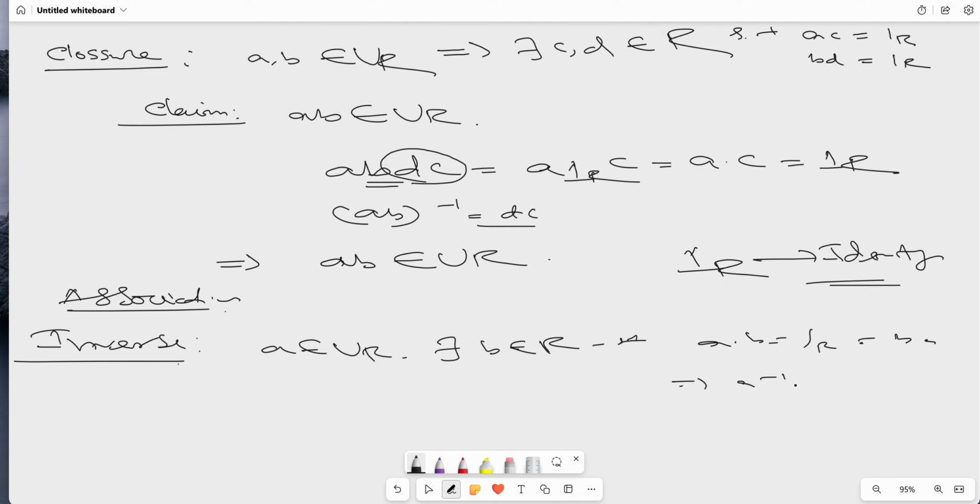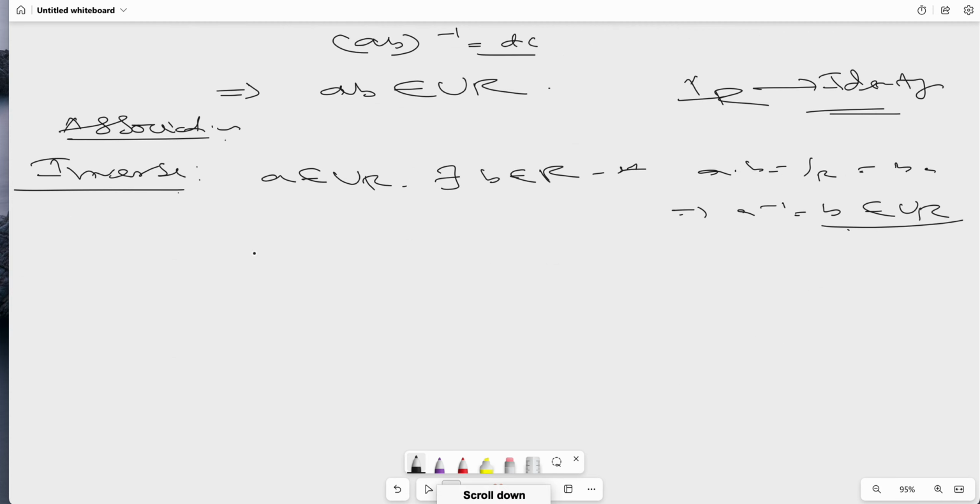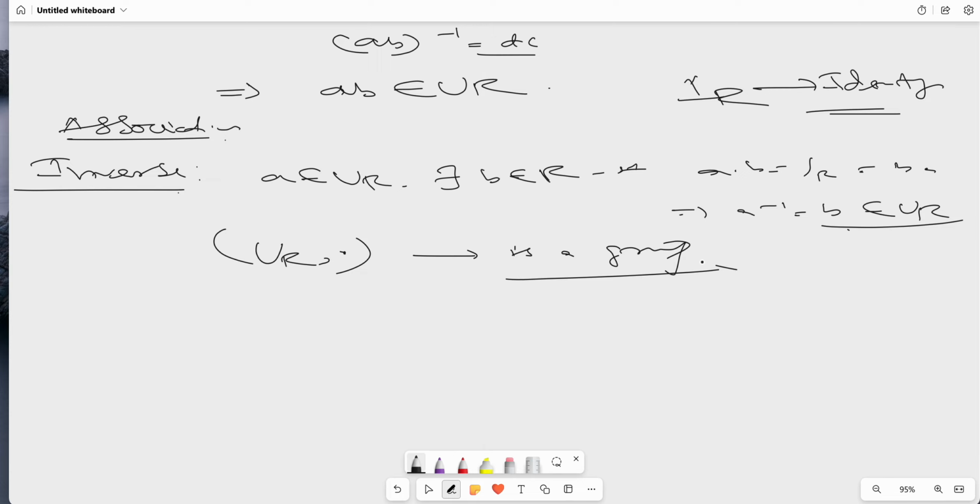This implies that a inverse equals b, which is inside U(R). That means b is also a unit, so for b there is a inverse. So inverse and associativity, everything is sorted out. So now you can say that U(R) is a group.